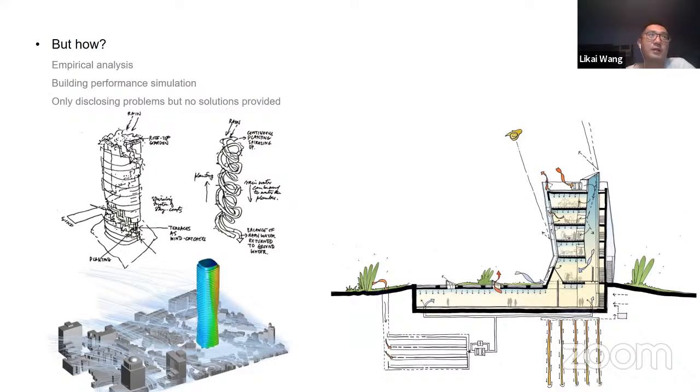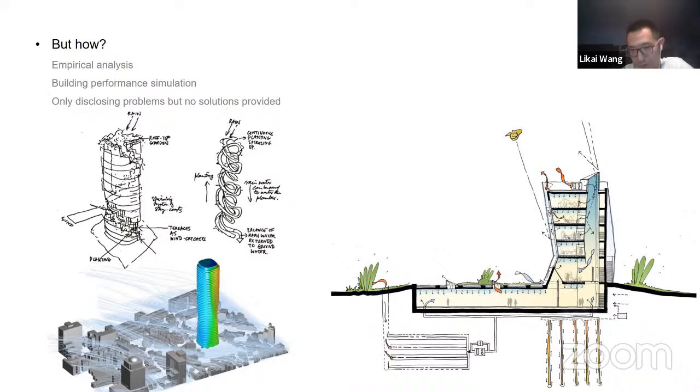empirical analysis. Then in the 1980s, when building performance simulation became more popular in the architecture industry, some designers tried to use simulation like EnergyPlus or CFD simulation during the design process.